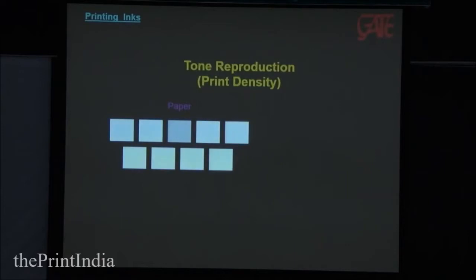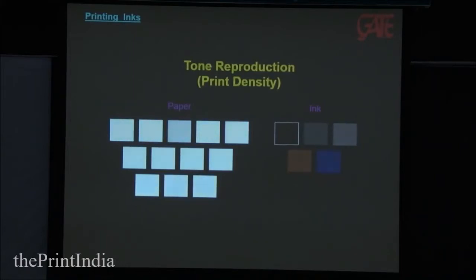We have a variety of papers and a variety of inks. Even a single black ink can have various different shades. So when somebody says I'm using CMYK ink, you have to know exactly what color values those CMYK inks have. Each ink supplier can have 10 different shades.